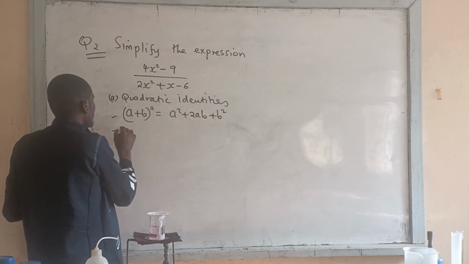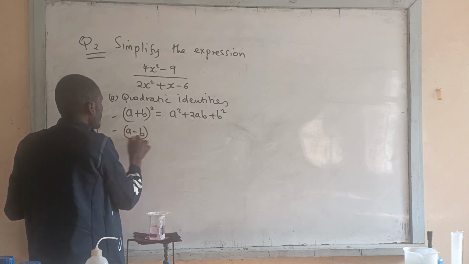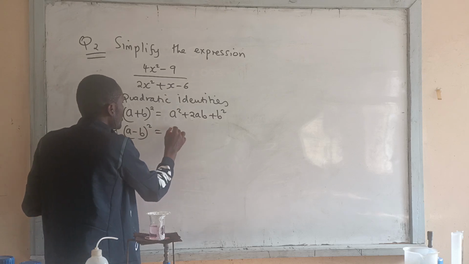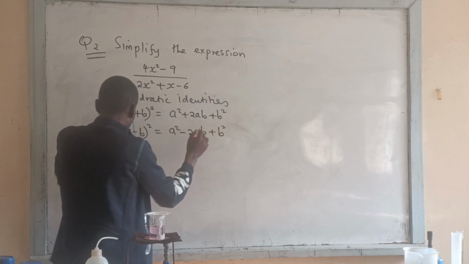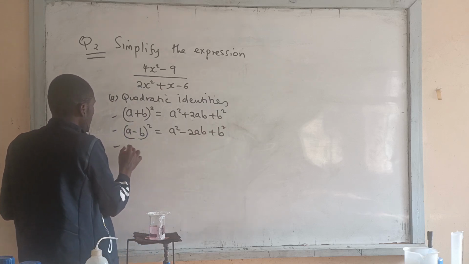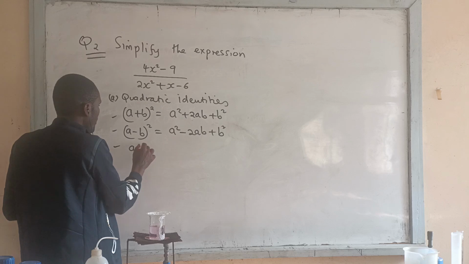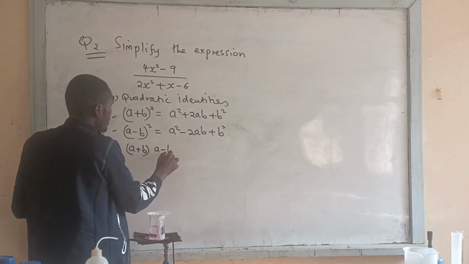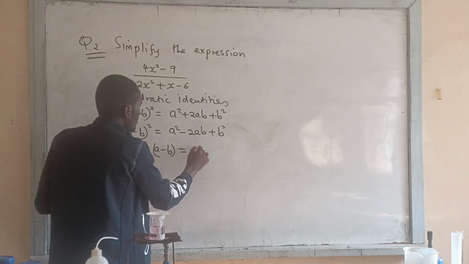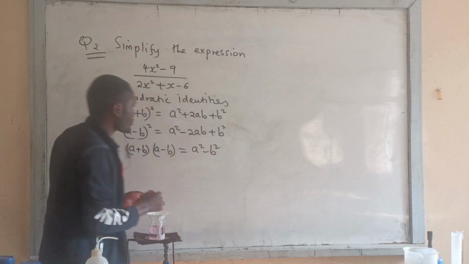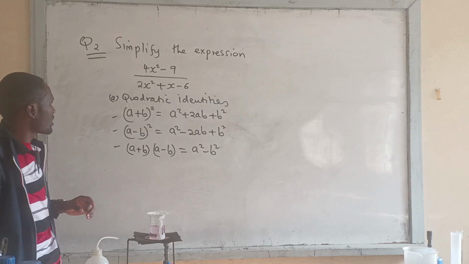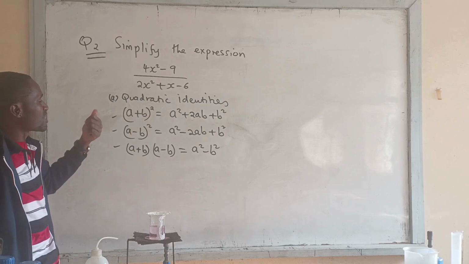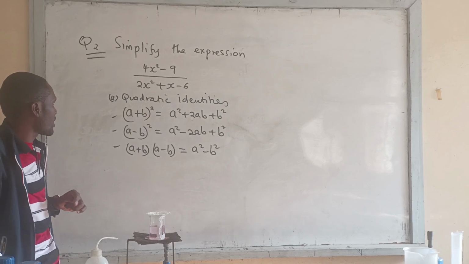The next one is (a minus b) squared, which translates into a squared minus 2ab plus b squared. And lastly, we have (a minus b)(a plus b), which translates into a squared minus b squared. These are the three different quadratic identities that are supposed to be employed because the question has to get solved in mathematics.